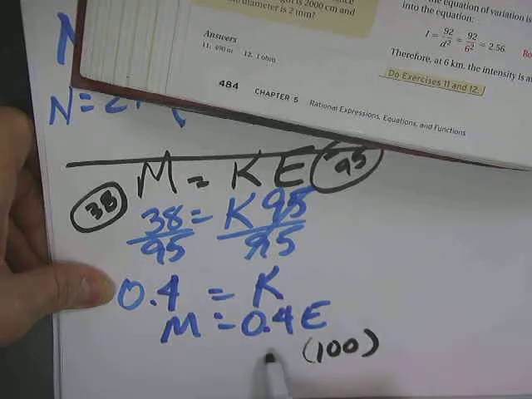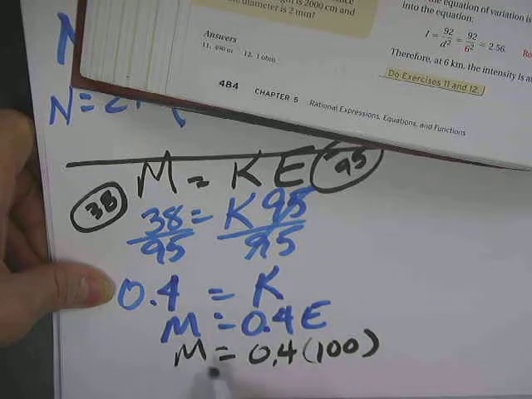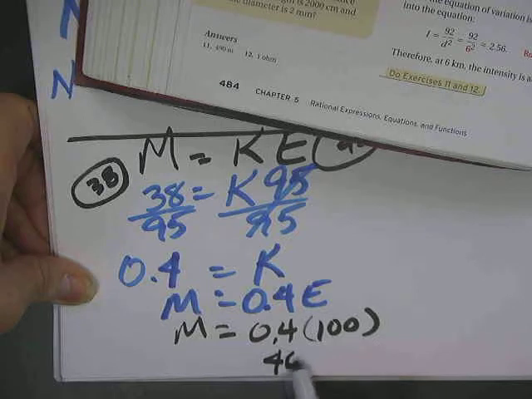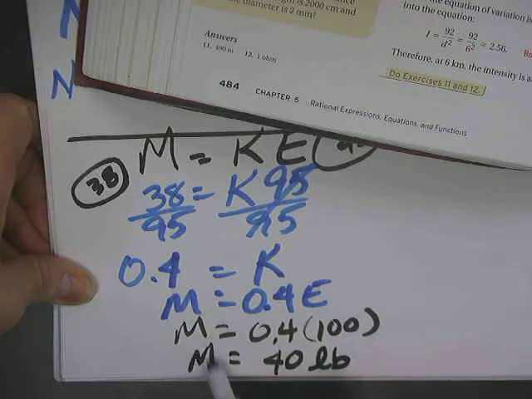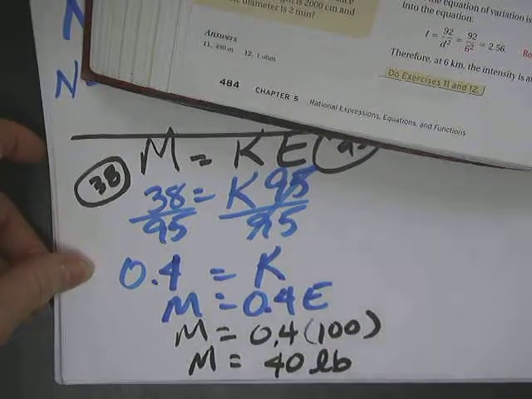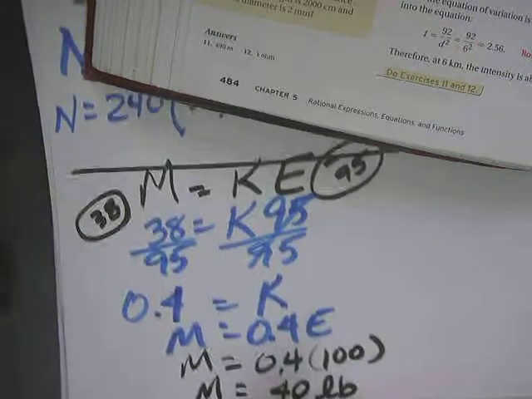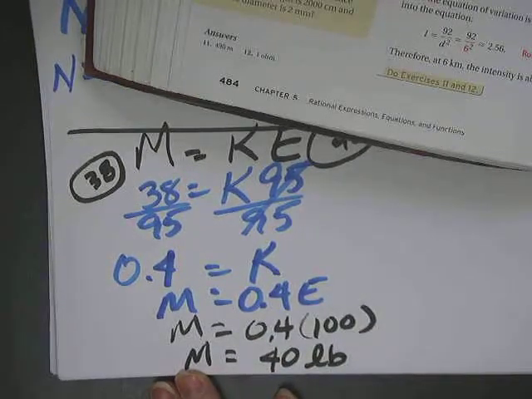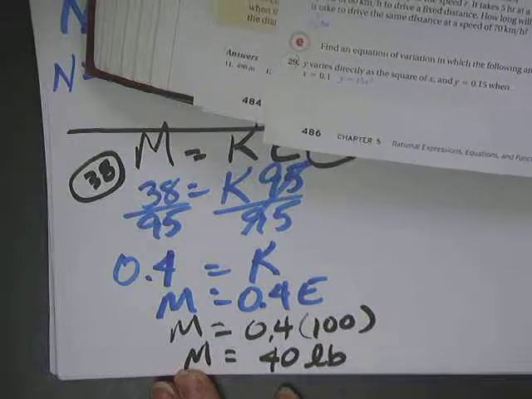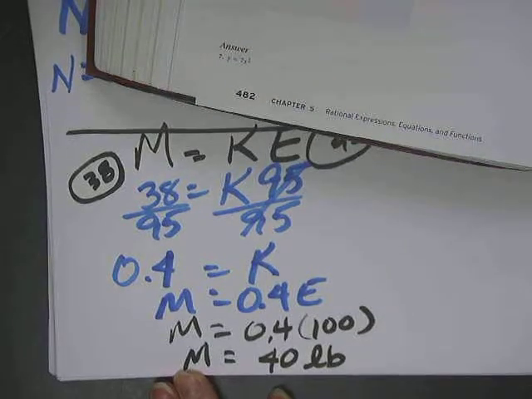Oh, cool. So M equals 0.4 E, right? So if a person on Earth weighed 100 pounds, what would they weigh on Mars? 40. They weigh 40 pounds on Mars. So it's 4/10 or 2/5 of what they weigh here.